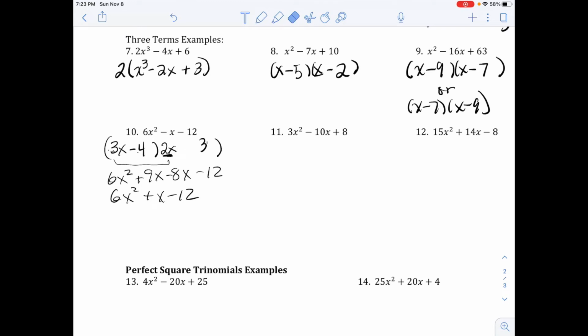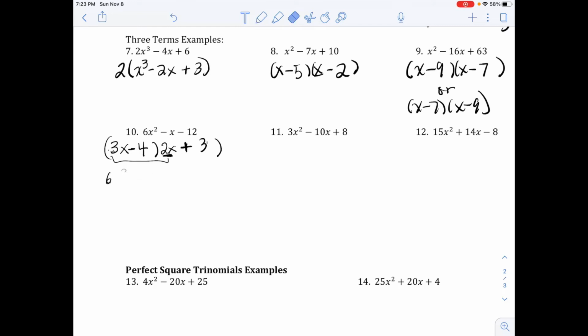Oh, so what if I change the sign and I do (3x - 4)(2x + 3)? Now let's try that one. And if you're doing it on your iPad, it's super easy for you to guess and check or trial and error. All right, so let's try this again. So that's going to be 6x squared plus 9x.